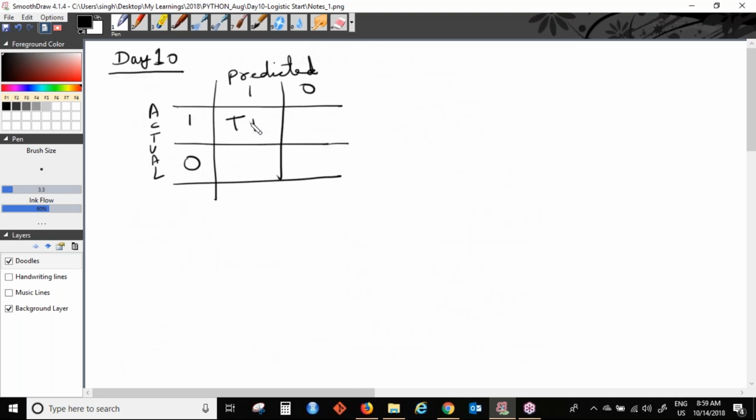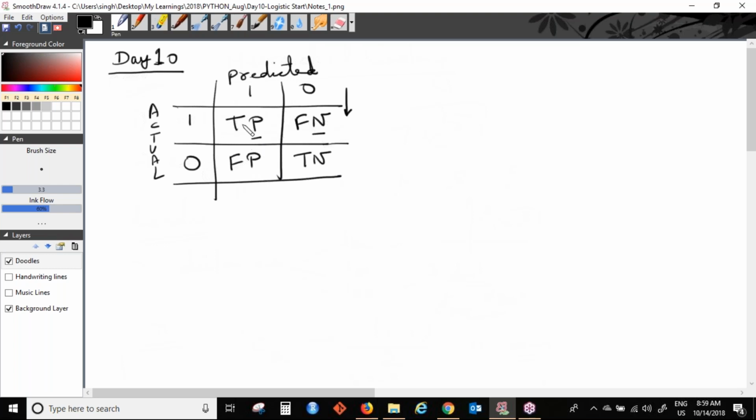Yes, this is true positive. Okay, this is false negative. So whatever comes here is false negative, negative for the second word. What's this one? Yes, false positive. This one is true negative. Okay, so these are the four words we have.